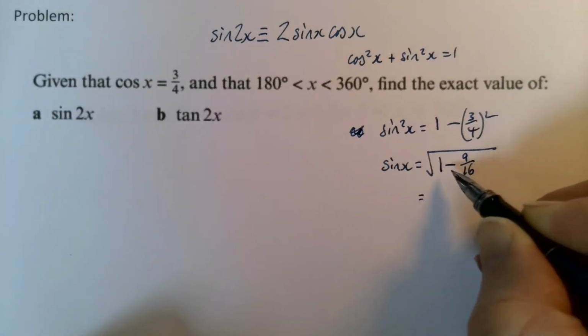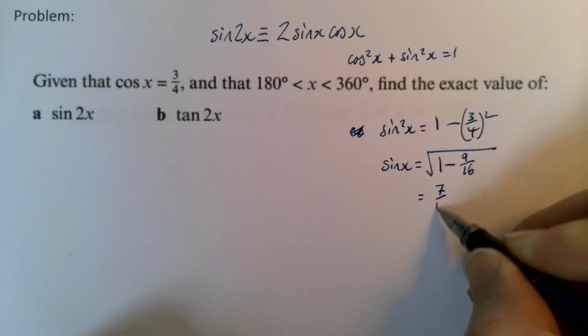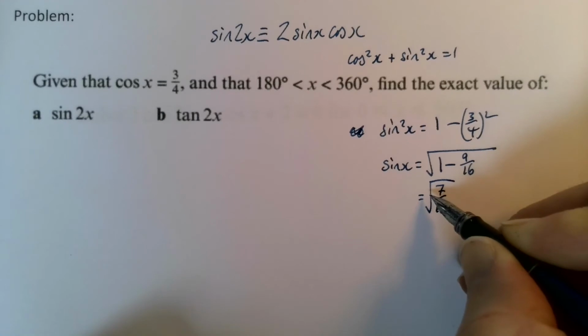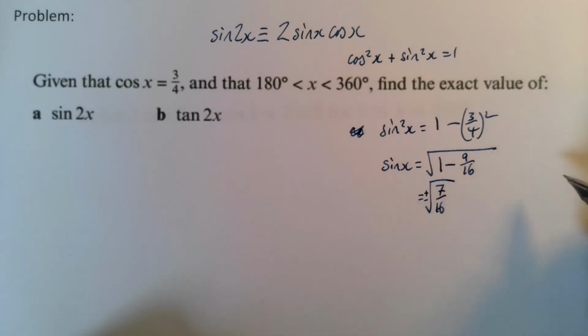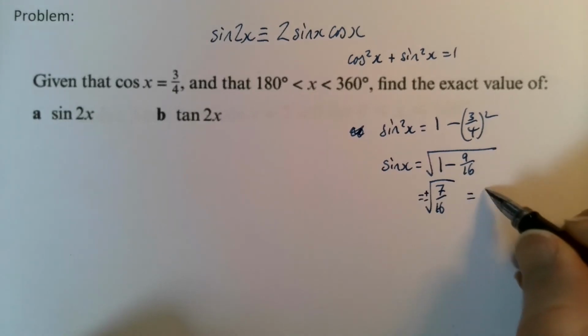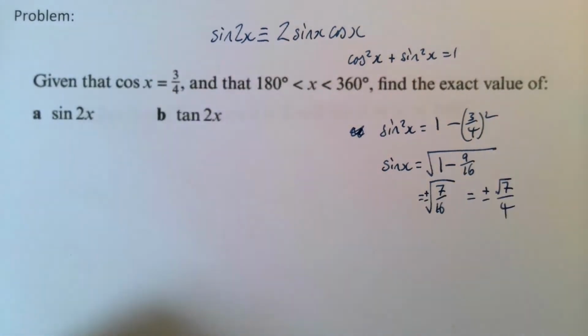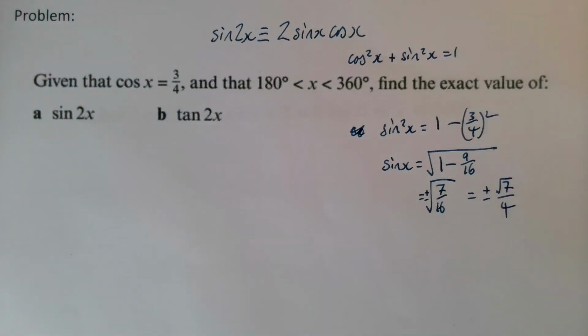That is going to be 16 take 9 is 7, isn't it? So plus or minus the square root of 7 over 16, which we can say is plus or minus root 7 over 4, can't we? And we need to know whether or not it's plus or minus, don't we?